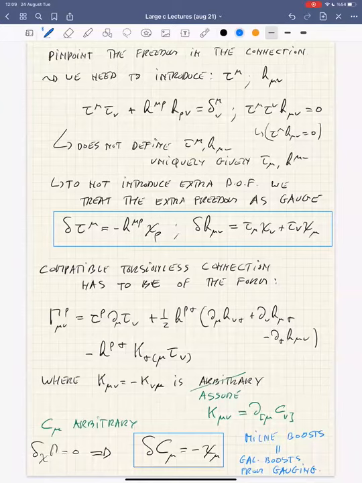Right. So I think it's now time to summarize again Newton-Cartan geometry, and then in this second way. Newton-Cartan gravity. Summary in the second formulation, which I will use in the rest of this lecture.